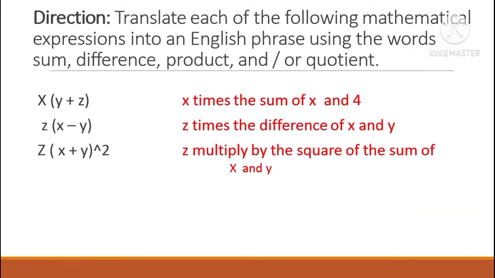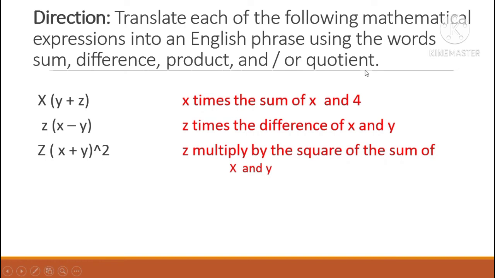So, next example. Translate each of the following mathematical expressions into English phrases. Earlier it was English phrase into mathematical expression. Now, we will translate our mathematical expression into English phrase, using the words sum, difference, product, and or quotient.